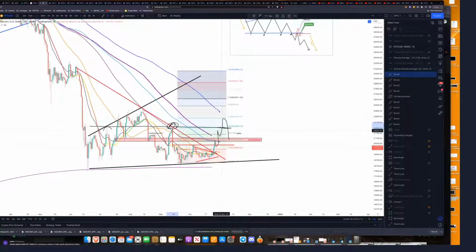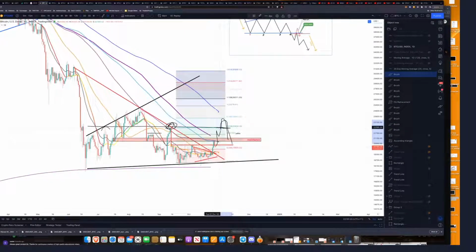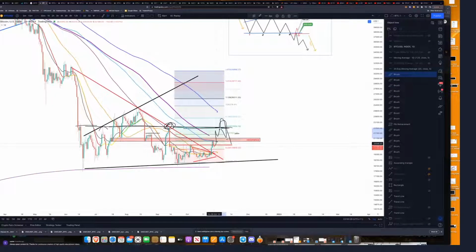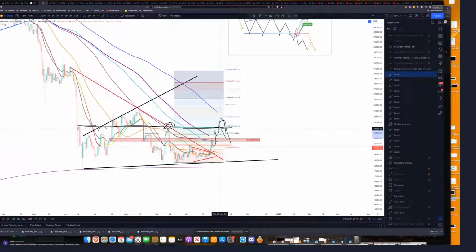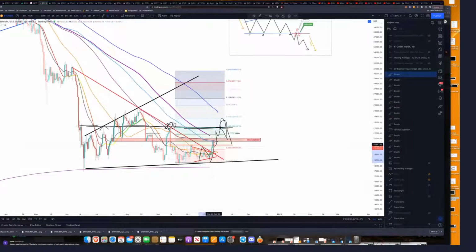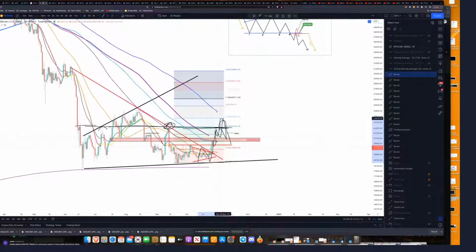So it could be a fake out. It might come up to here, find the natural area of resistance, and then come down, and it almost counts as well with the Elliott wave. So if that's 1, 2, 3, 4, 5, maybe we'll see how that works out.